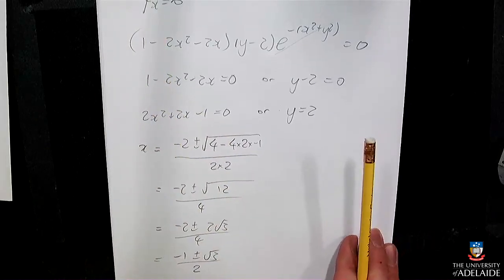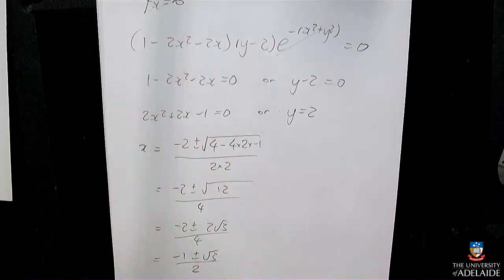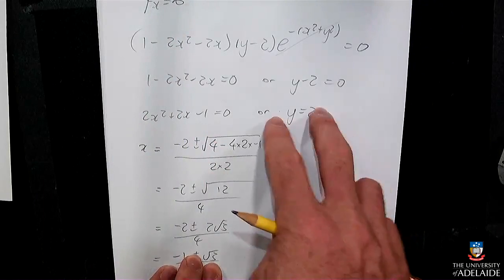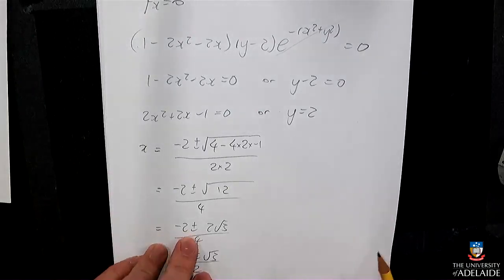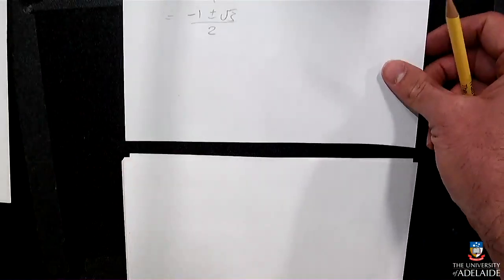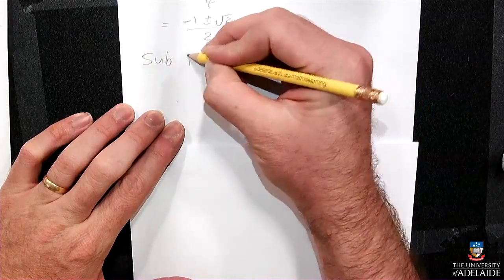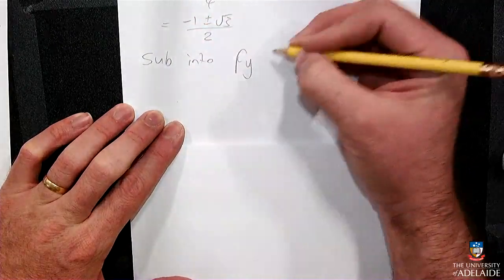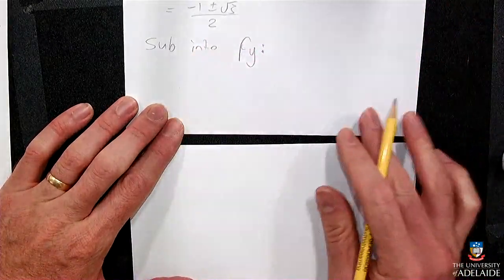And if y is 2, then regardless of what x is, f sub x comes out to be 0. That's what this tells me, because it's this or this. So what I'll do is sub those three possibilities into the other one and see if any of them come out to be 0.